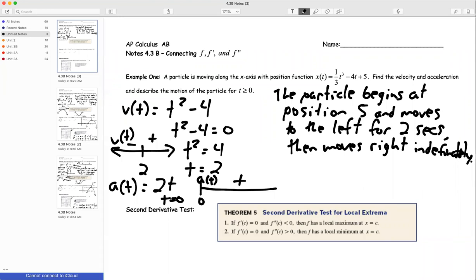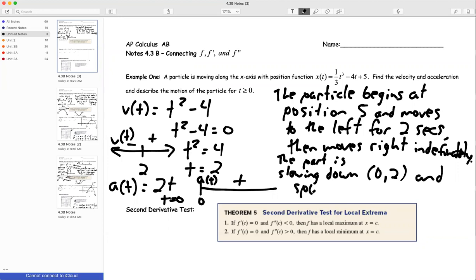And if they have opposite signs, then the particle is slowing down. So I can say the velocity is negative from 0 to 2 and the acceleration is positive. So the particle is slowing down from 0 to 2.